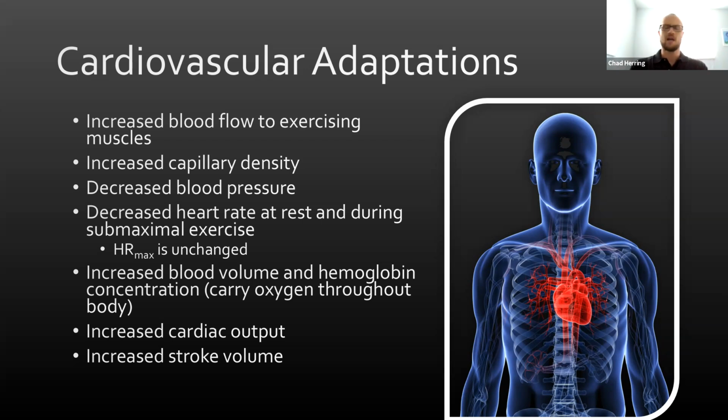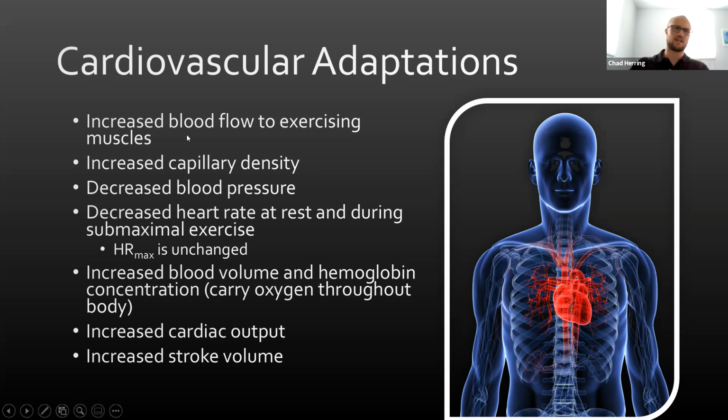I should have clarified it before, but acute changes are basically what happens in one single training session. So that would be like we talked about, our cardiac output increases because our stroke volume increases and then plateaus, our heart rate increases. So those are acute changes. Adaptations are long-term changes. So this would be after maybe a 12, 16-week training program.